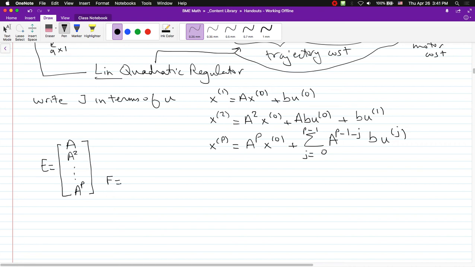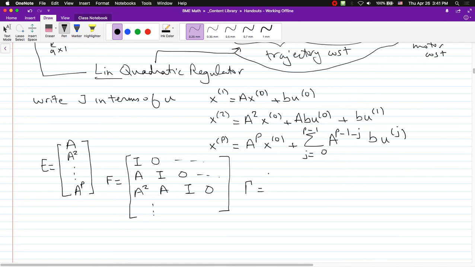Define matrix F as follows. An identity matrix, A times A, and then an identity matrix, A squared, A, then an identity matrix, and so on. And then 0, like that.